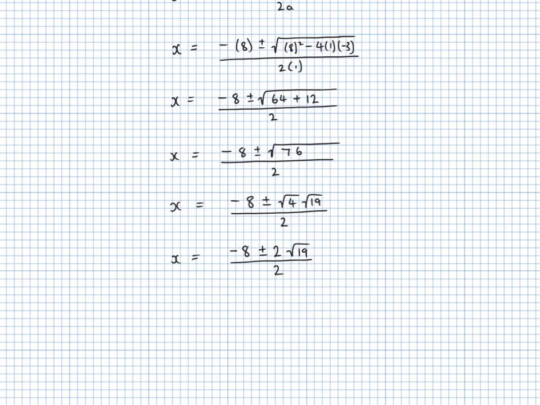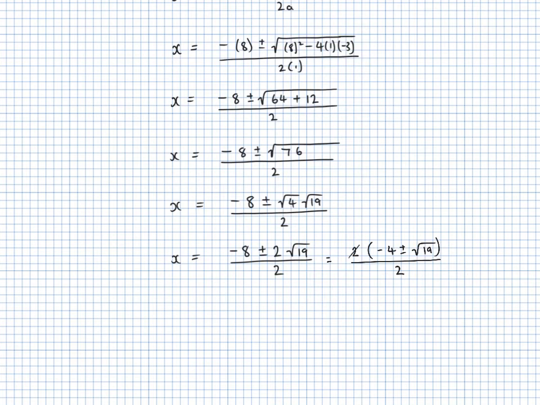Okay, so this time I can simplify my fraction, because 2 goes into 8 or negative 8, and 2 goes into this positive or negative 2 as well. Or I can factorize a 2 out of this and then cancel down. So I'll do it that way. So this is going to be 2 bracket negative 4 plus or minus root 19 over 2.